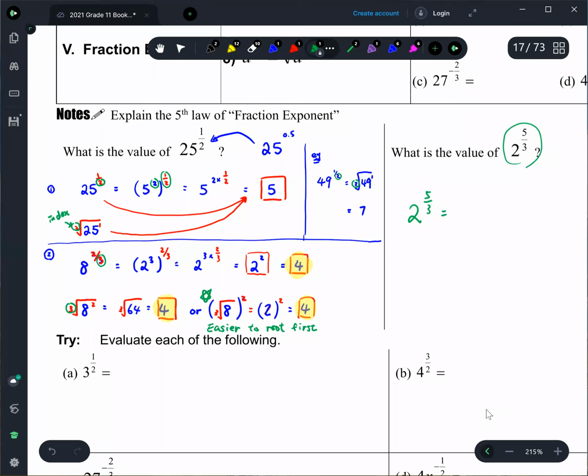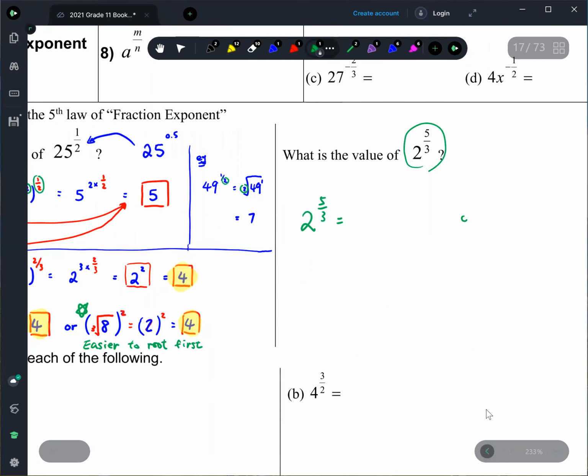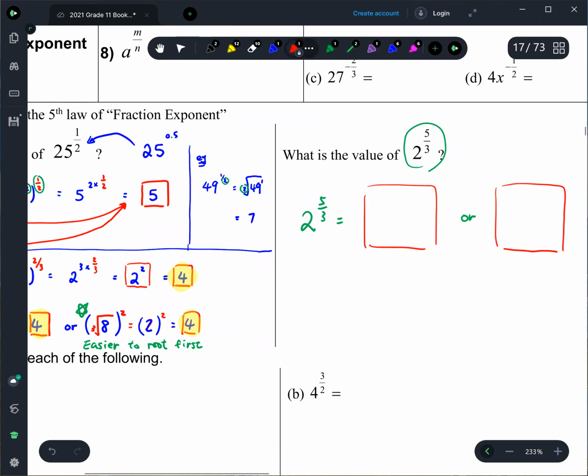So we can write it here, or, 2 different ways. After you get the 2 different ways, please raise your hand. We'll check.